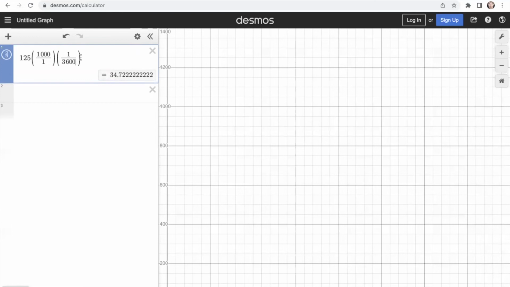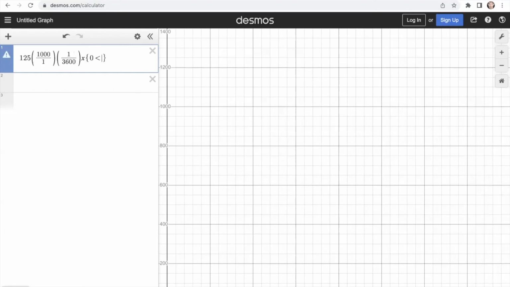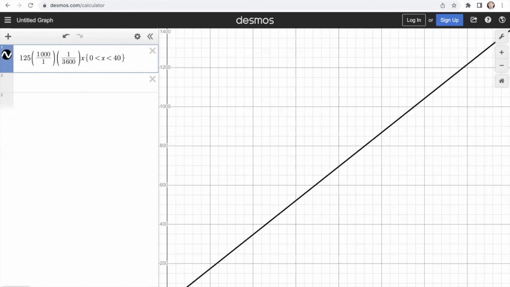So there's the actual speed times, it's X here in this graph because that's this axis, but it's really T, right? This is the time. This is our variable, our independent variable. And we're going from 0 less than T up to, I'm just going to go up to 40, up to the end of that time interval.